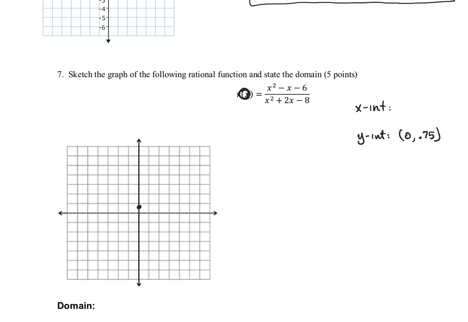So what we would be solving then is just the numerator, 0 equals x squared minus x minus 6. You can factor that into x minus 3 times x plus 2, so that we have solutions of x equals positive 3 and negative 2. So those would be our two x-intercepts, (3, 0) and (-2, 0).